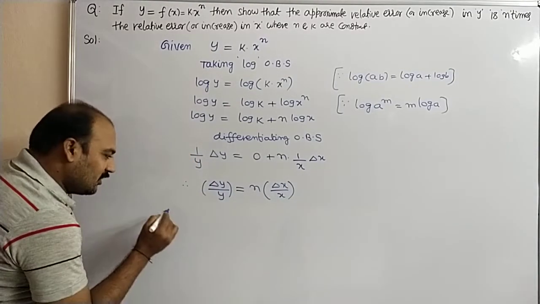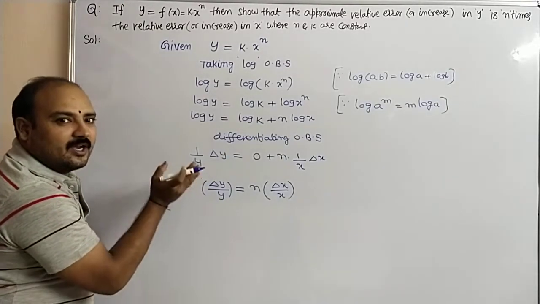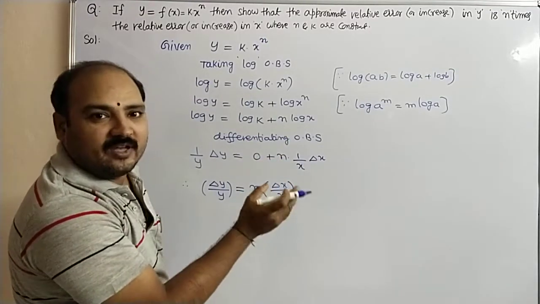Hence proved. The relative error delta y by y means what? The relative error in y or the relative increase in y. Delta x by x is the relative error in x or the relative increase in x.